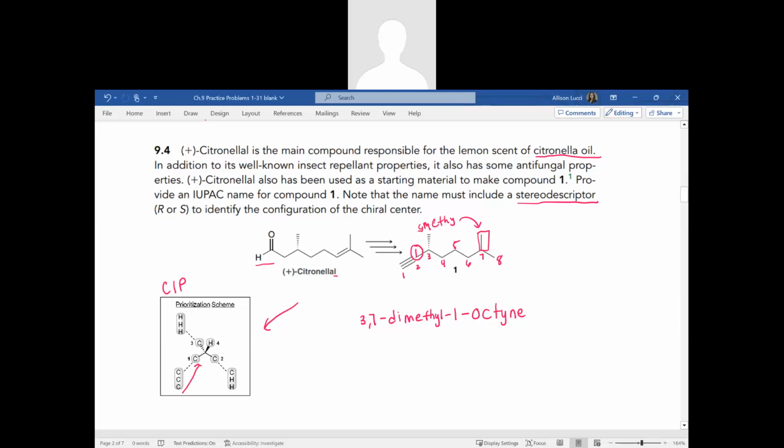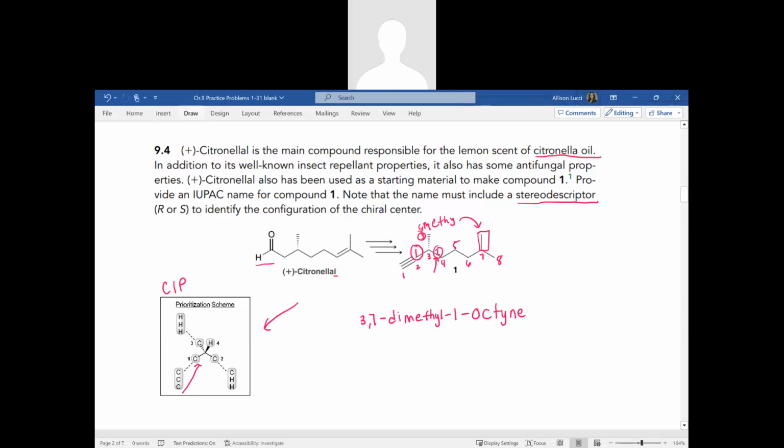So that would be our highest priority. Priority 2 would be over here on this side because this carbon at carbon 4 is bonded to another carbon and 2 hydrogens, which is a higher priority than up here with this methyl group.